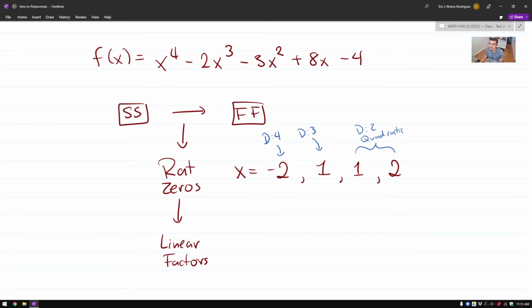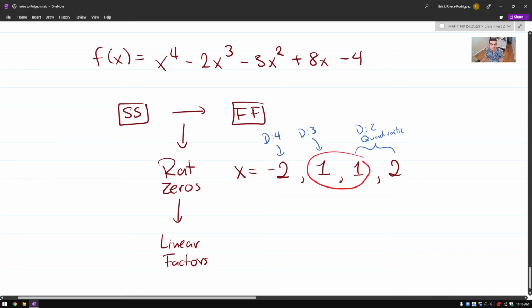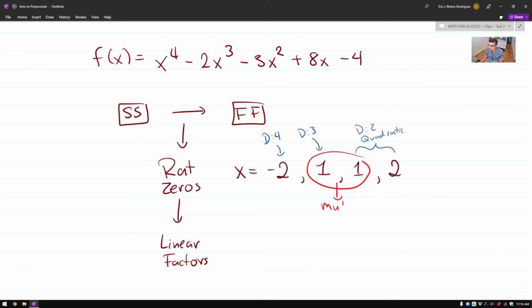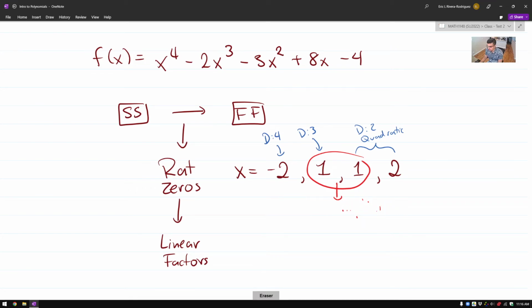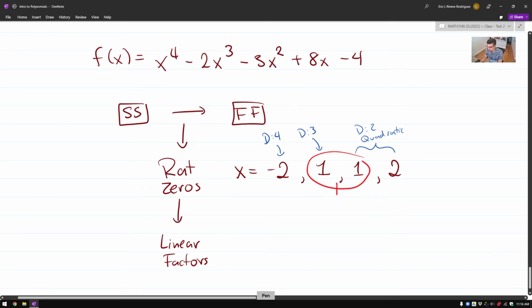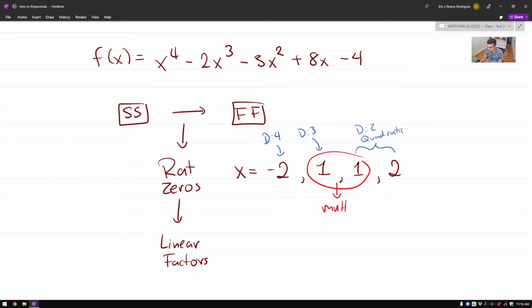This has an important meaning, because that number repeats. We have a multiplicity of 2.